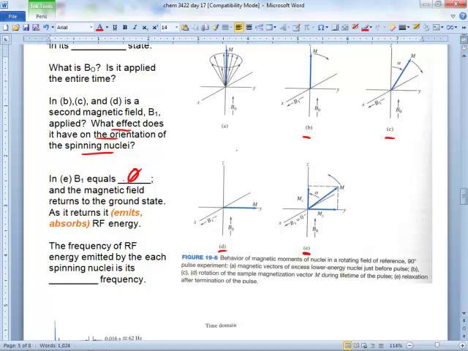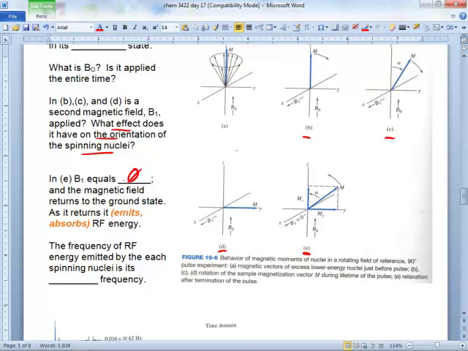Okay? And the magnetic field B1 equals 0. So now things are going to return back to their ground state. Okay? So it's in its excited state. By the time the pulse is over, it's in its excited state. Right? Because it can only go one place or the other. It can't be in between. So as it returns to its ground state, it emits.